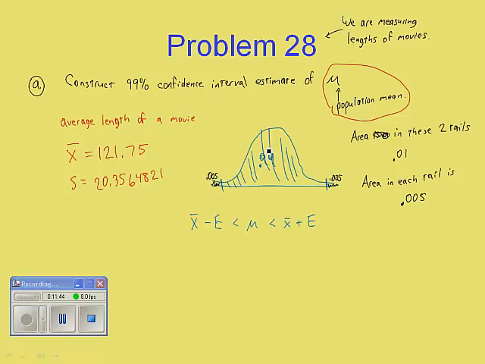So when you're looking on the chart, which column do I want to use? You guys gotta look at the chart, or you won't see what I'm talking about. You can either use area in one tail as .005 or area in two tails as .01. Doesn't matter, right? It's the first column. You see that? So we use the first column of the chart.